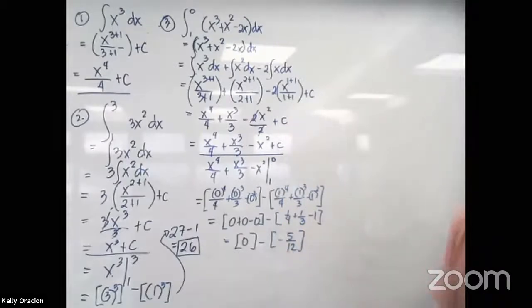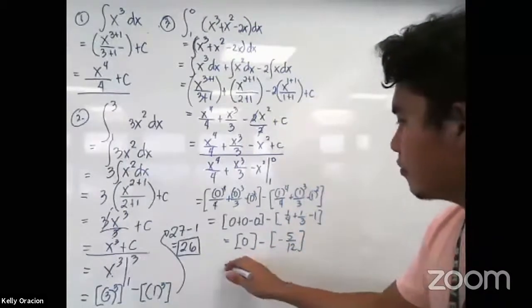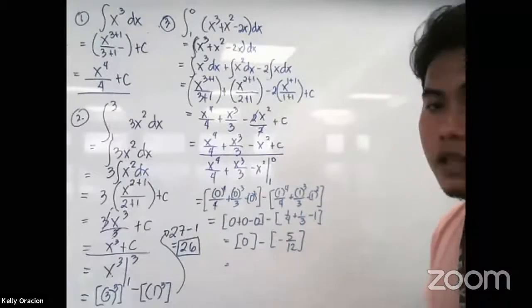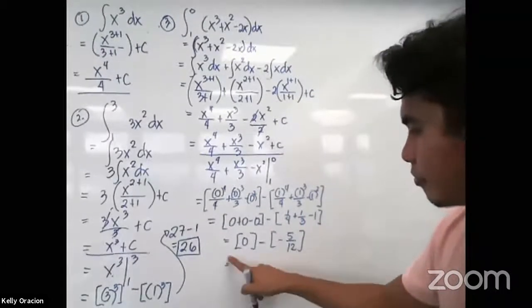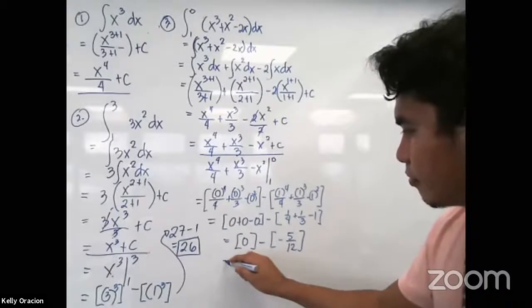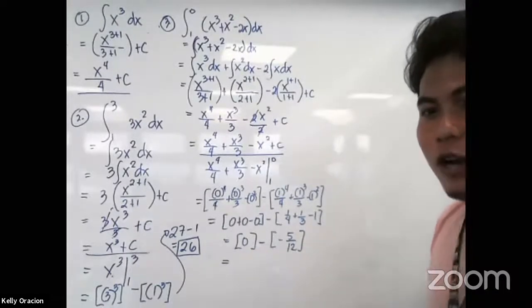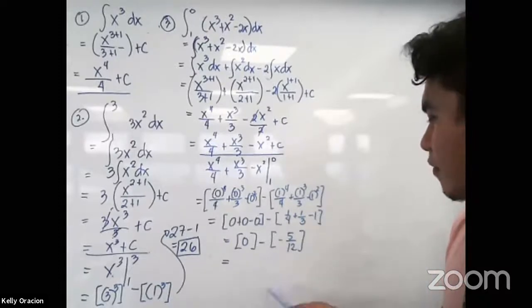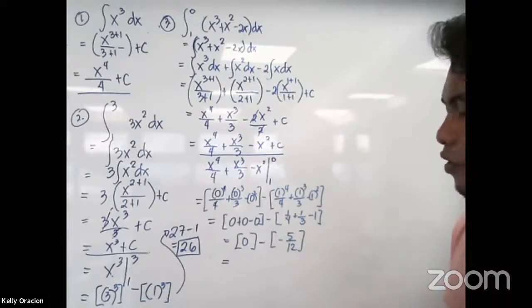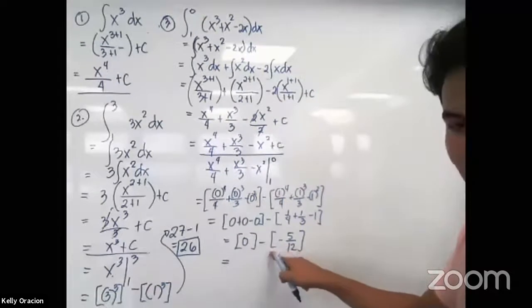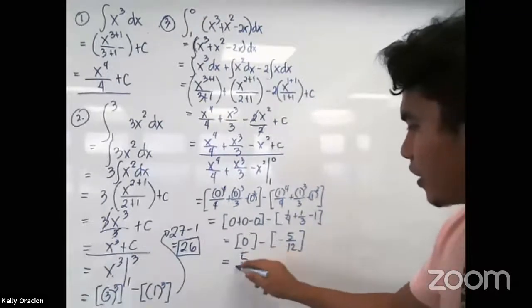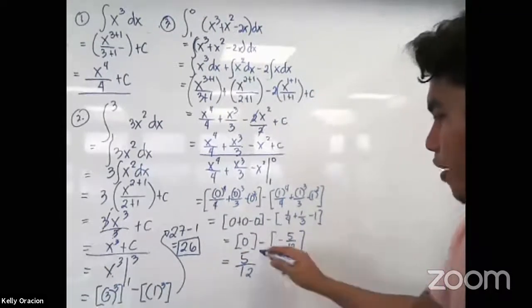Tama ba na negative 5 over 12? Tama? Okay, tama daw. Thank you for the confirmation. So 0 minus negative 5 over 12, the answer is 5 over 12.